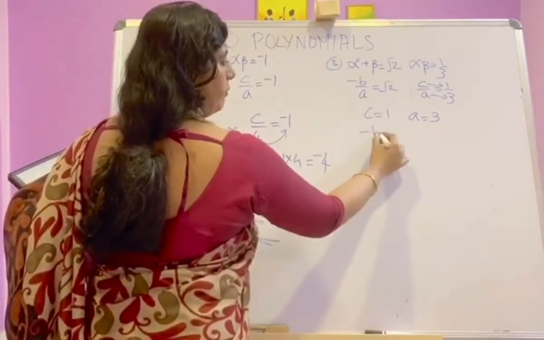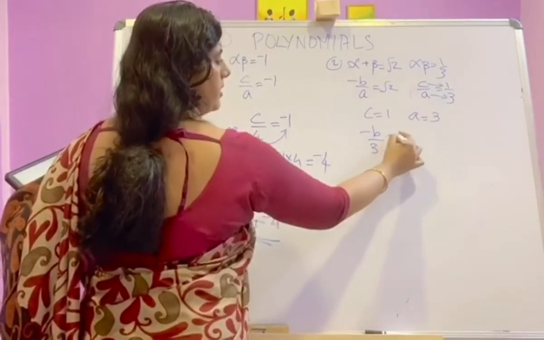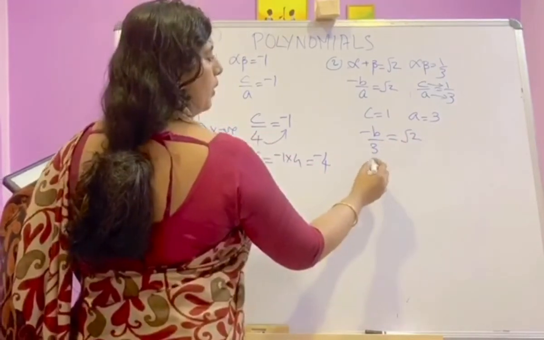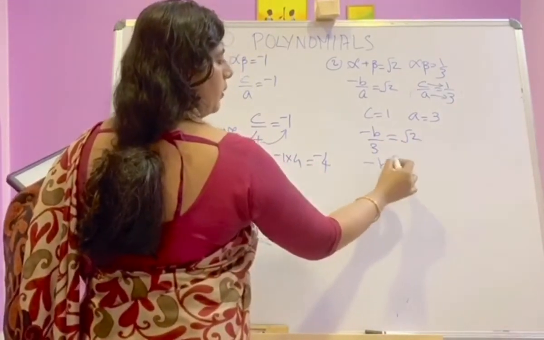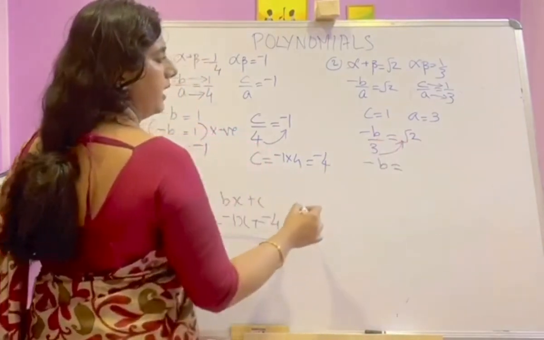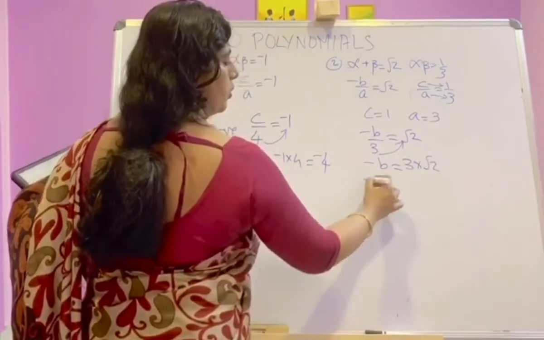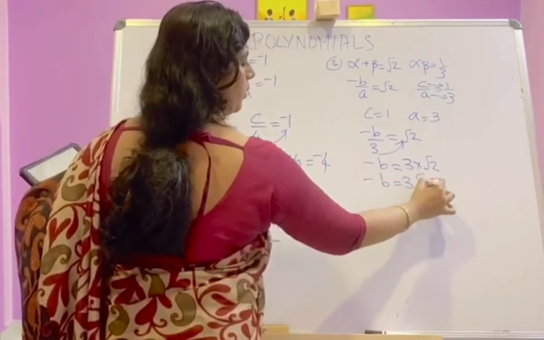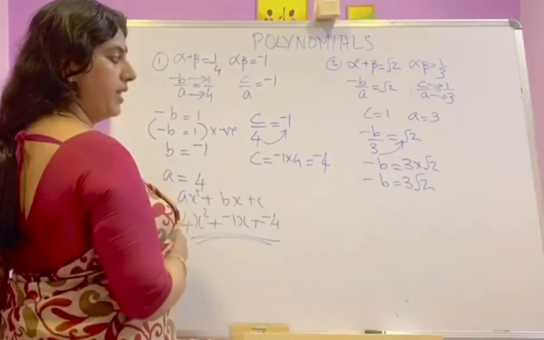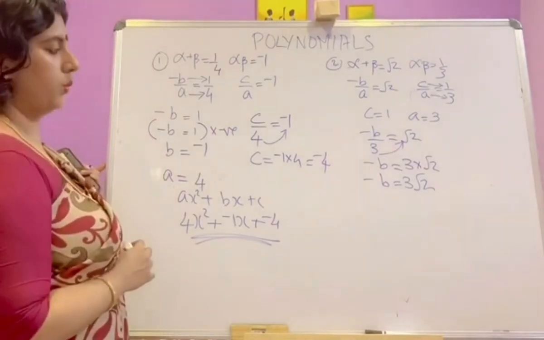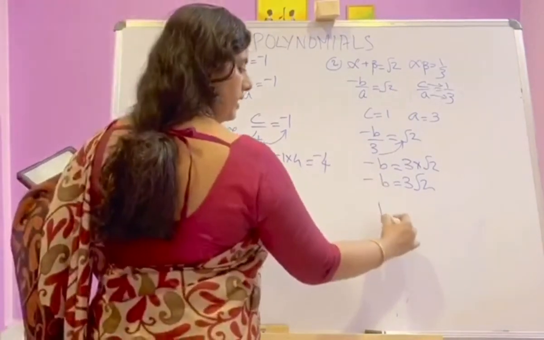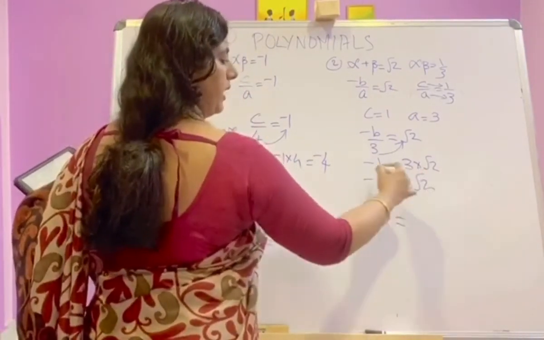Here negative b by a, that is negative b by 3, is equal to root 2. Now negative b is equal to, taking this 3 to this side, it becomes 3 into root 2. 3 into root 2 is 3 root 2. Negative b is equal to 3 root 2. Then b is equal to, that is whole into negative.